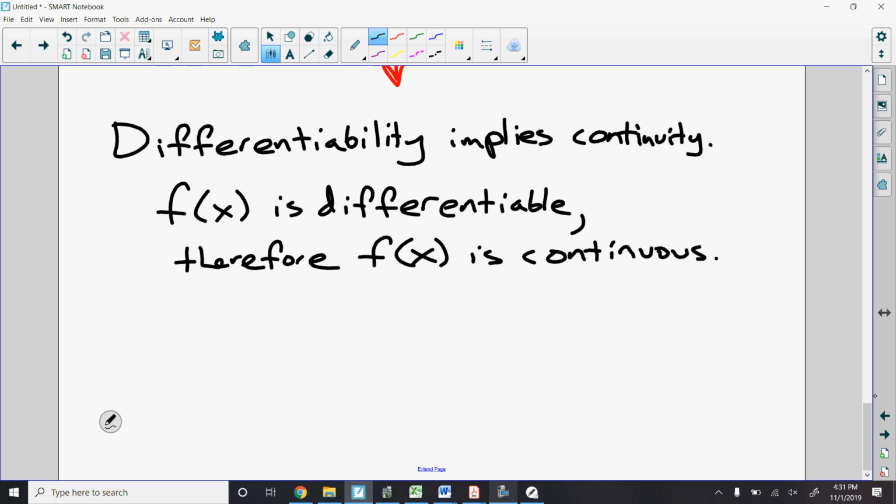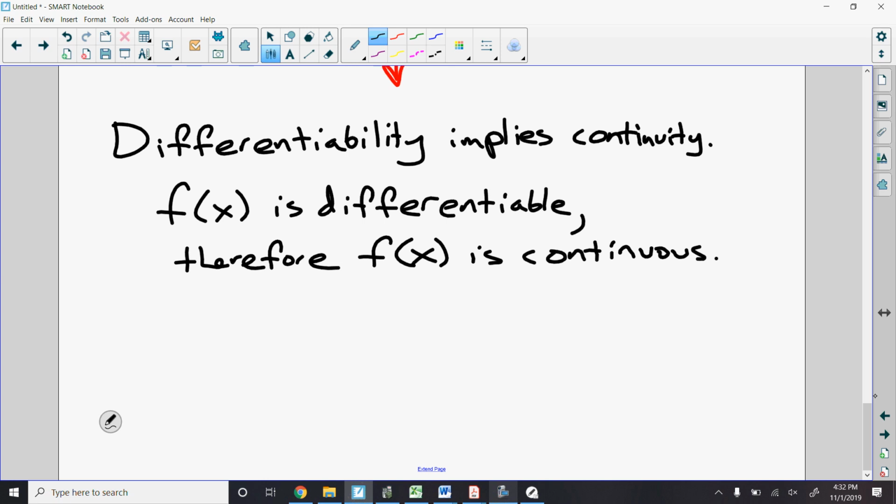But it doesn't work the other way around. For an example here, let's think of differentiable like golden retriever and continuous like a dog. If I tell you that I have a golden retriever, then you know that I have a dog. But if I tell you I have a dog, that doesn't guarantee that I have a golden retriever. So that's how this relationship works.